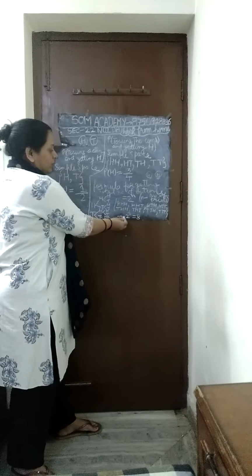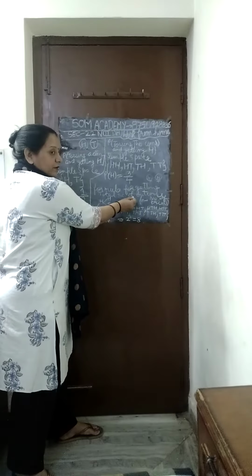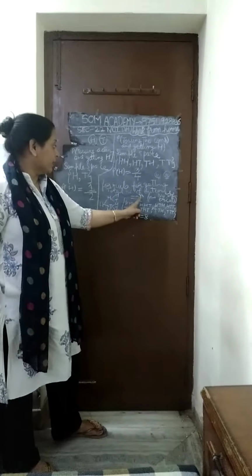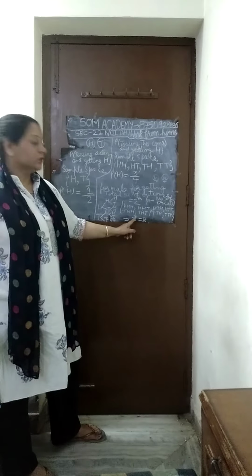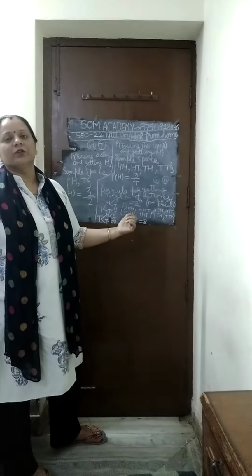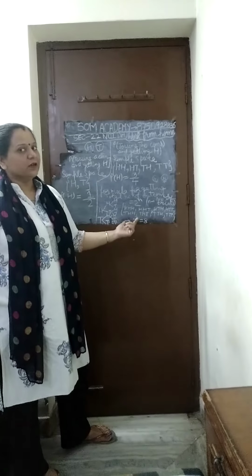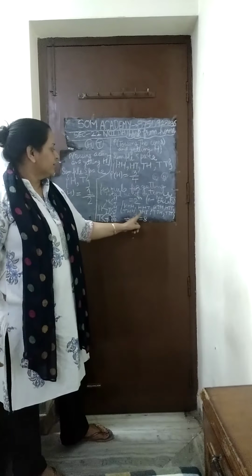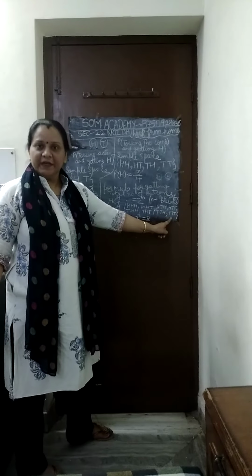So the simple formula becomes 2 to the power n, I have written here. How many trials do you have? 3. So the power becomes 3. So this becomes 2 to the power 3. We are getting 8. Now you can count the elements in the sample space. 1, 2, 3, 4, 5, 6, 7, 8.